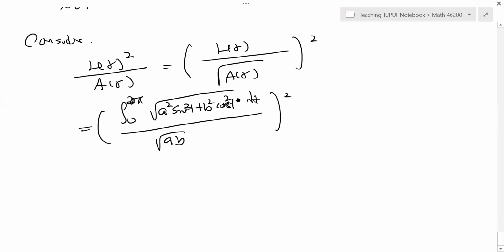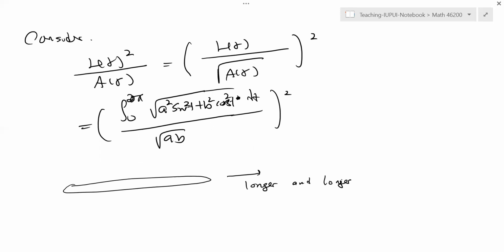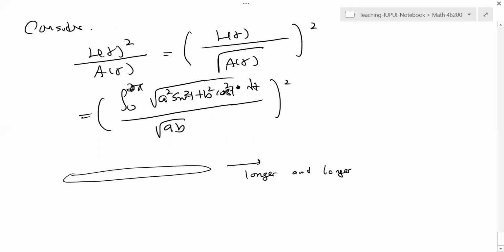Why? Because you can make this region get longer, and you will see that the length is getting longer, but the area is probably getting smaller. Fix the area. So in general, there's no upper bound.